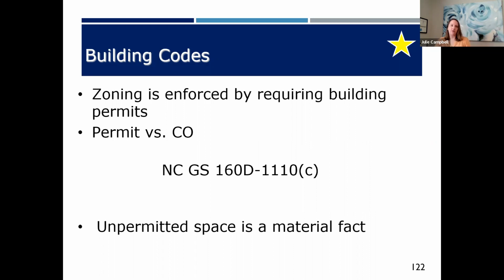I can advertise the square footage. I can include it in my total square footage as long as it meets the other criteria that we'll talk about in Unit 8, but I have to disclose that the basement is unpermitted, or that the 450 square foot room in the back of the house is unpermitted. We've got to disclose that.